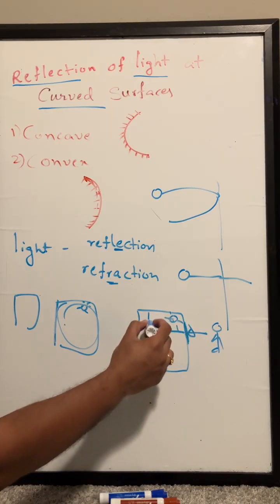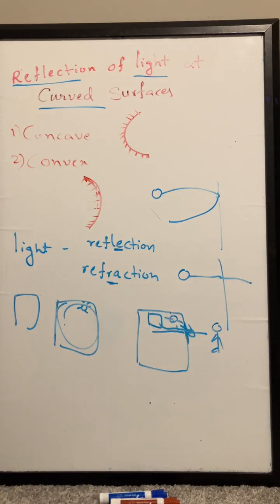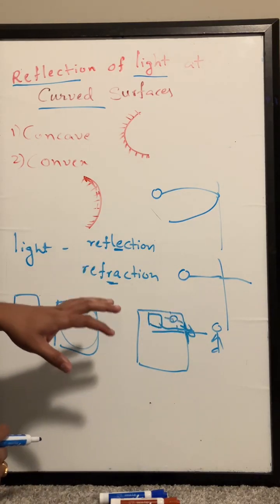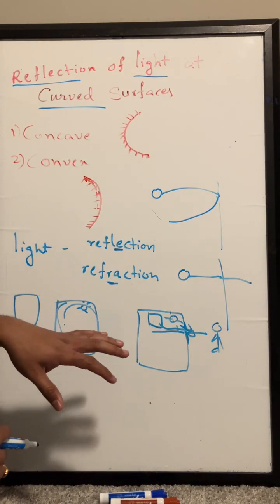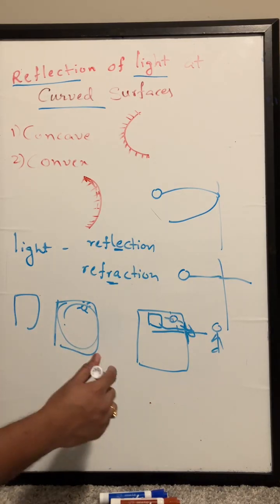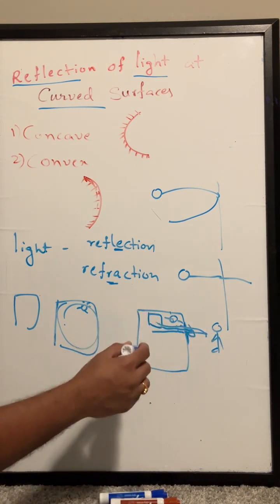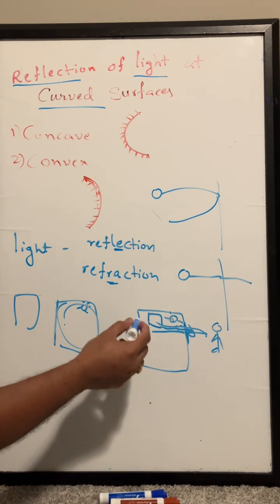Our TV light passes through the window. I mean a window made of glass, not wood. Wood blocks the light. Here light is refracted through the glass.